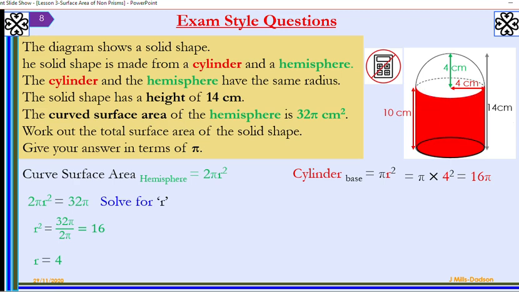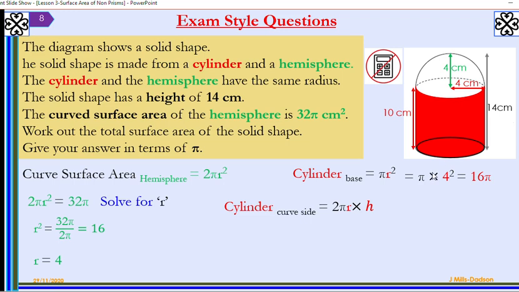Curved side. Remember in lesson 2, when you split the cylinder open, it gives you a rectangle. The height will still be the height, but the length will be the circumference. So when you split it open, this becomes the circumference, that becomes the length. And circumference is 2 times pi times r.